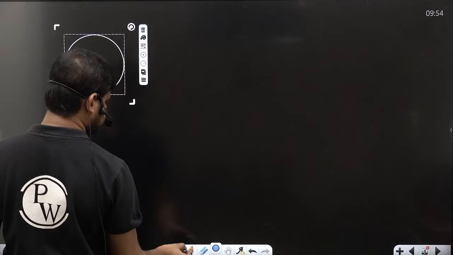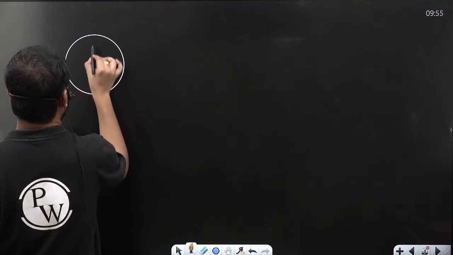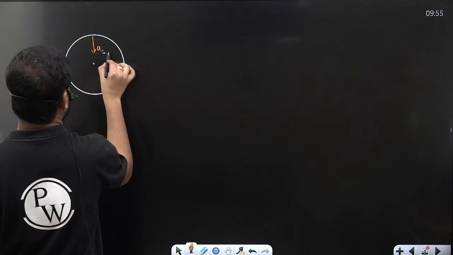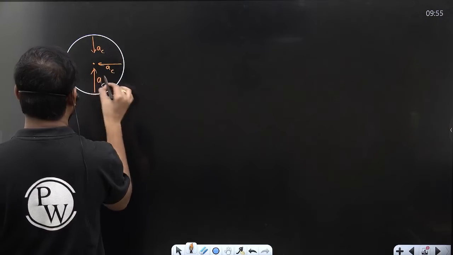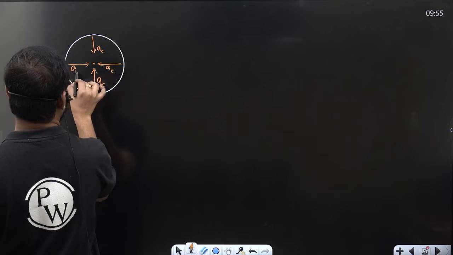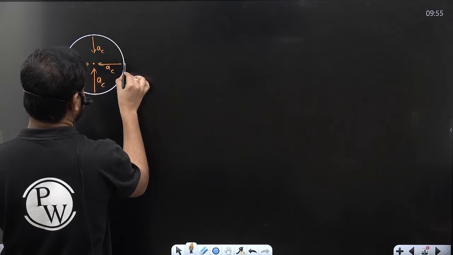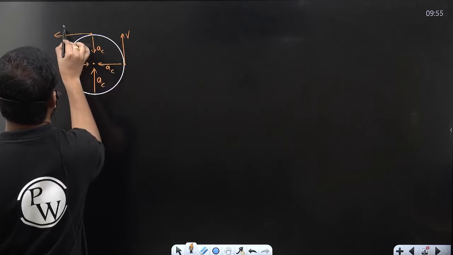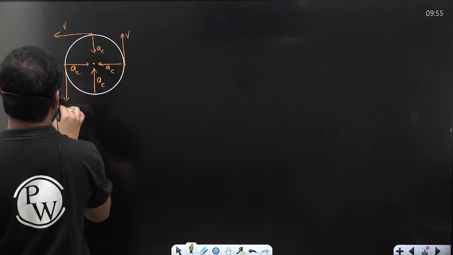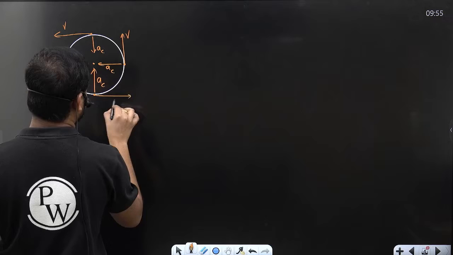So this is a circular path, so center, AC, not the AC in our rooms, it's a centripetal acceleration AC. Okay, so here the velocity will be this side, and here the velocity will be this side, and here the velocity will be this side, and here the velocity will be right side.